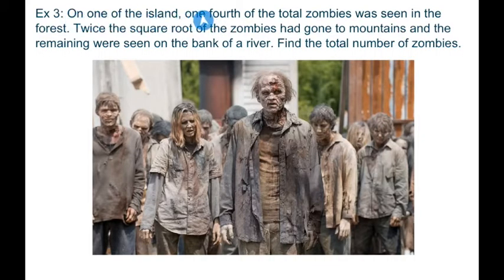On one of the islands, 1/4 of the total zombies were seen in the forest. Twice the square root of the zombies had gone to the mountains, and the remaining 15 were seen on the bank of a river. Find the total number of zombies. Okay, so let's say the total number is x. Now let's use all the given conditions here, right?